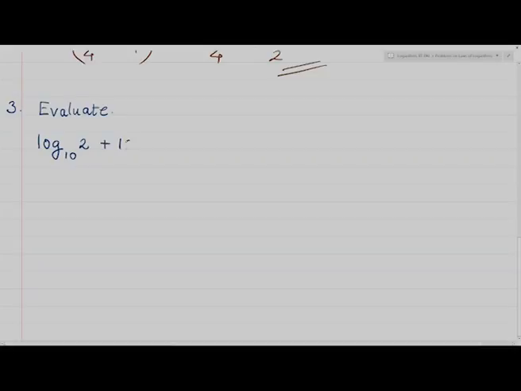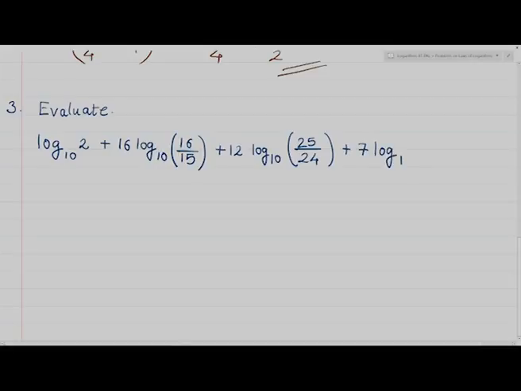So, it is 16 times log to the base 10 of 16 upon 15, plus 12 log to the base 10 of 25 by 24, plus 7 log to the base 10 of 81 by 80. This is the problem.